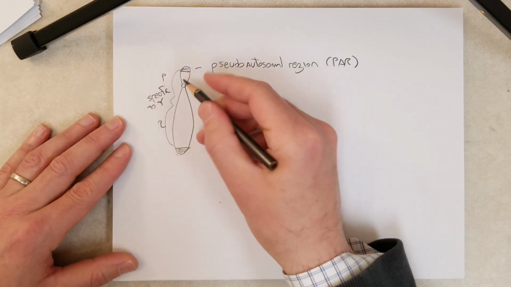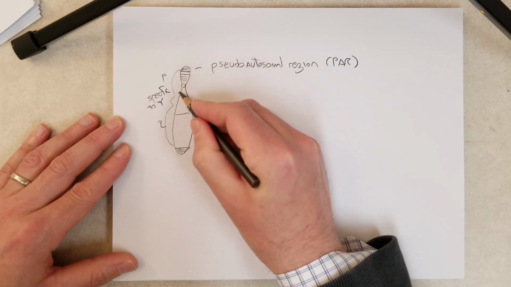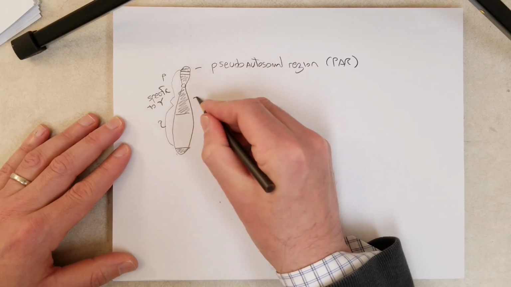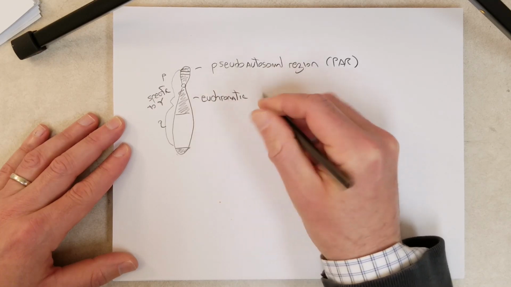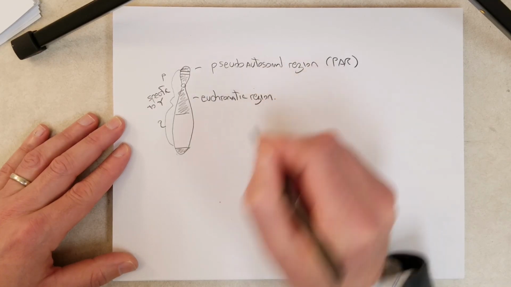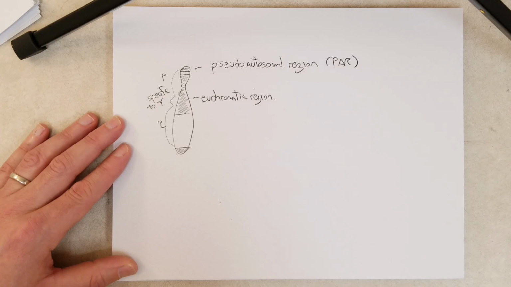Now this region right here, we're going to call the euchromatic region. Now we talked about euchromatin in the past. Euchromatin is chromatin that is loosely organized. The nucleosomes aren't so compact, right?